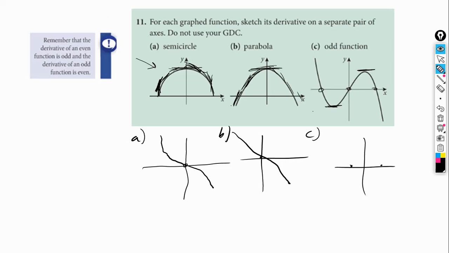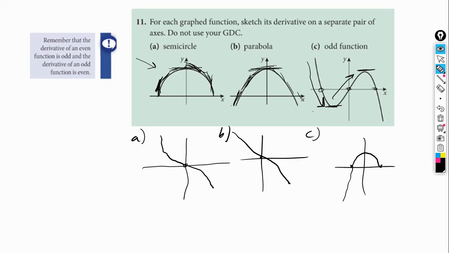So notice that the slope starts negative. The slope is negative, negative, negative, negative until it reaches this point. So that means that it comes down from the negative and then reaches 0. And then here the slope becomes positive, positive, positive until it reaches 0 again. So that means that we have a curve that goes like that, right?